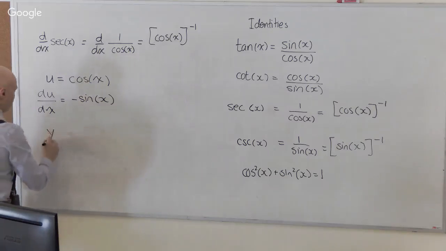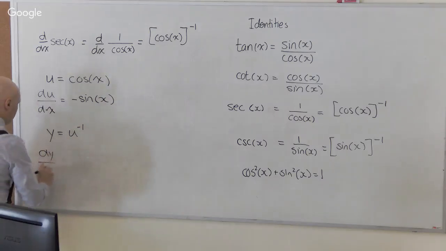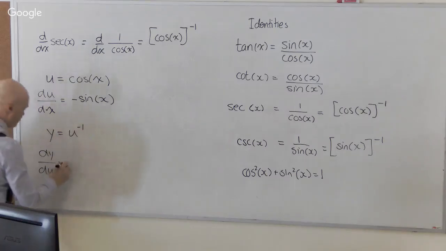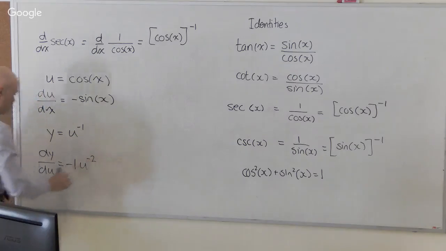And the outside function is u to the exponent -1. And so dy/du is equal to the derivative of this. I'm just going to use my power rule, -1 u to the exponent -2.